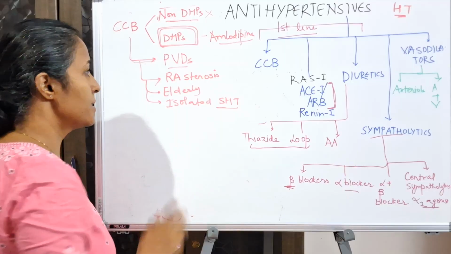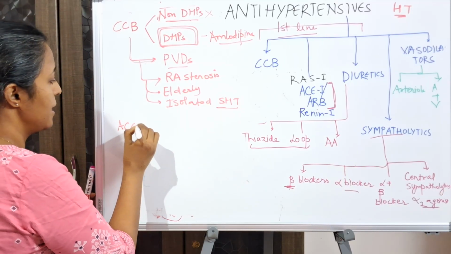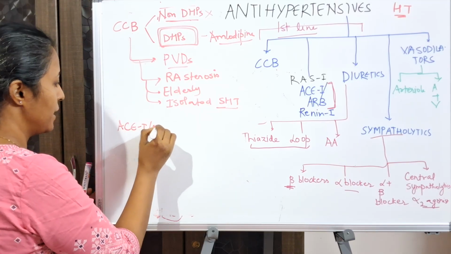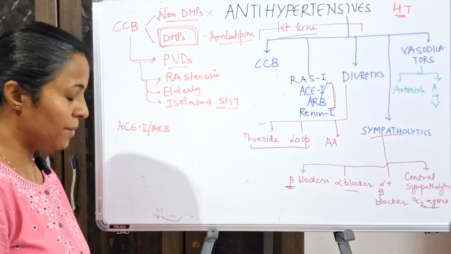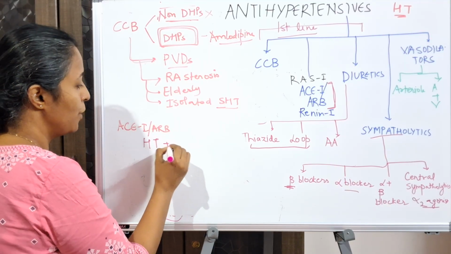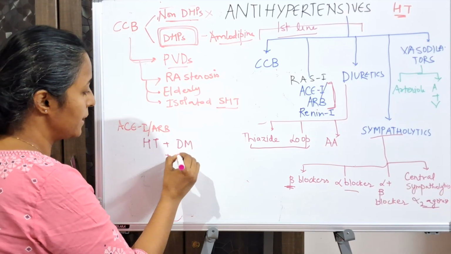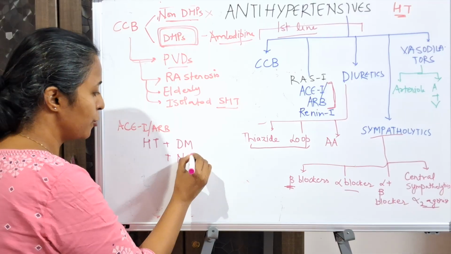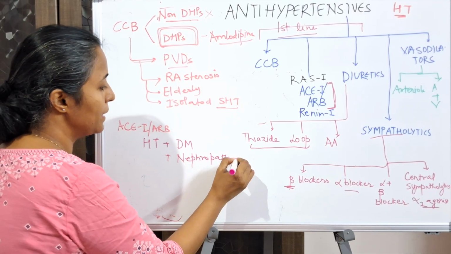Next, we have ACE inhibitors and ARBs. When are these preferred? ACE inhibitors, ARB, if the patient is having hypertension with diabetes mellitus, with diabetic nephropathy or any other nephropathy, except they should not have renal artery stenosis.